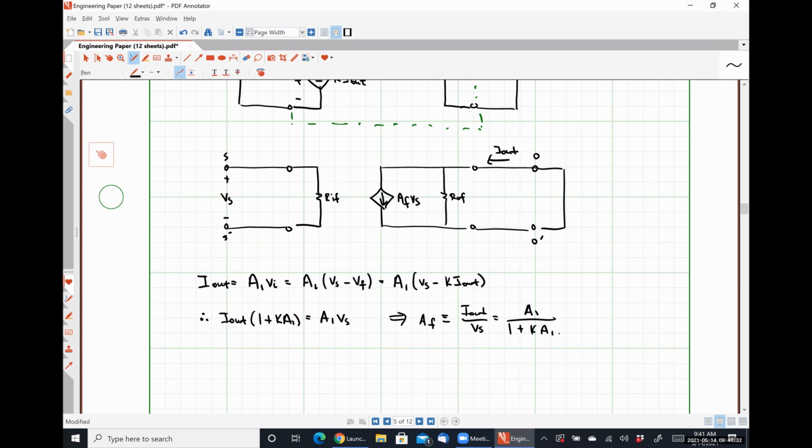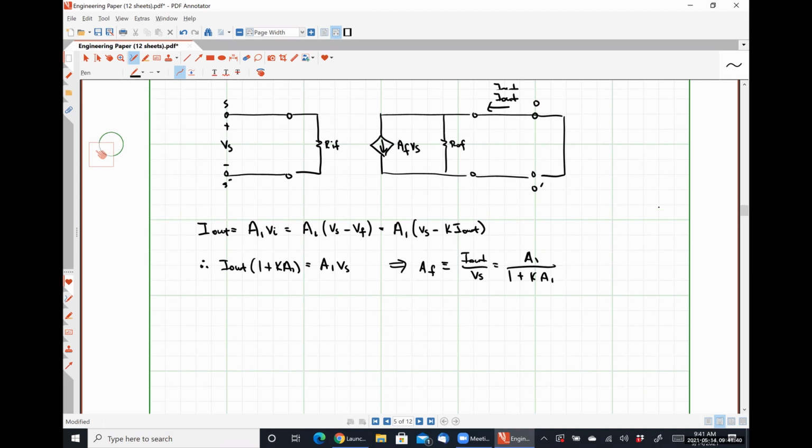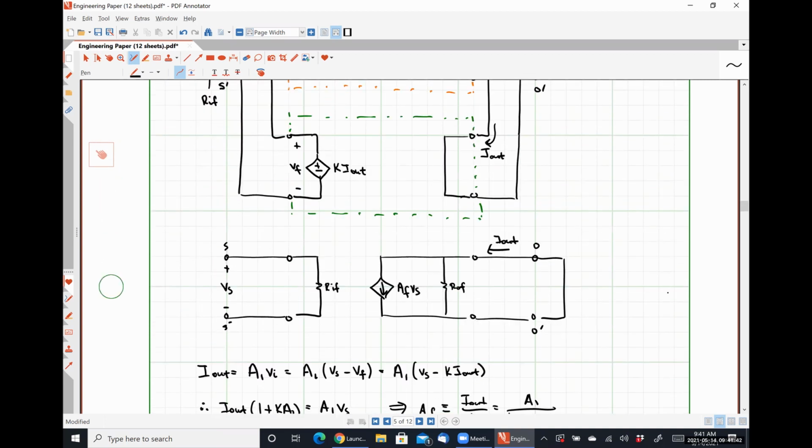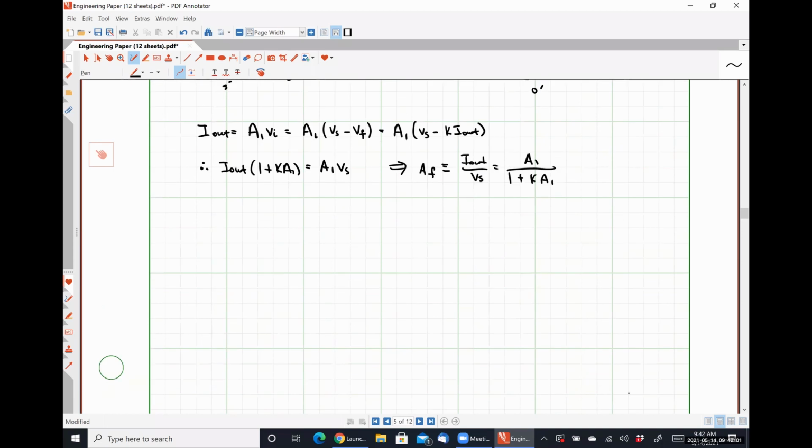To determine how we compute our input resistance with feedback, we're going to have to look at our input loop. Just to be clear, I can express this to make it more obvious. We know that our error signal VI will be simply VS minus VF, based on doing KVL around the input loop side.